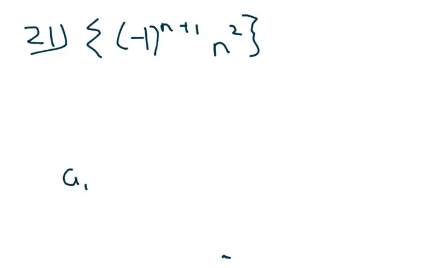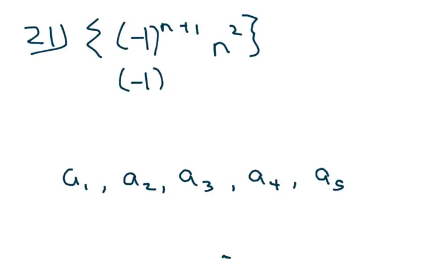So we need the first term, second term, third term, fourth term, and fifth term. So I'm going to plug in 1. When I plug in 1, I get -1 squared times 1 squared. -1 squared is 1, and 1 times 1 is 1, so we just get 1. Now I'm going to plug in 2 here. So I get -1 to the 2 plus 1 times 2 squared.